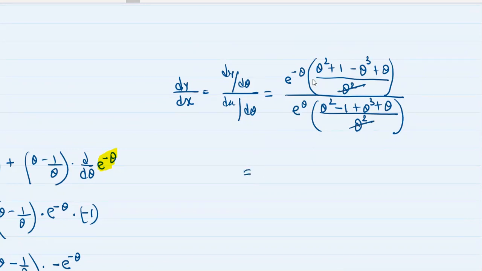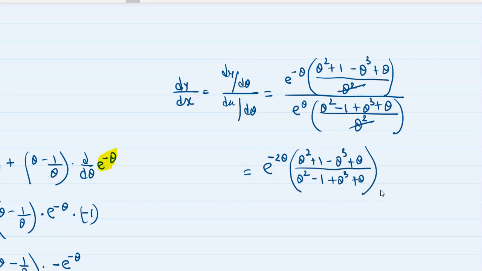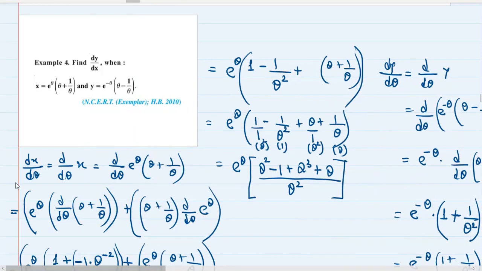So this e raised to theta will go up and become e raised to minus theta. So e raised to minus theta multiplied by e raised to minus theta is e raised to minus 2 theta bracket theta square plus 1 minus theta cube plus theta, the whole upon theta square minus 1 plus theta cube plus theta. Okay, so this should be the final answer of dy by dx.